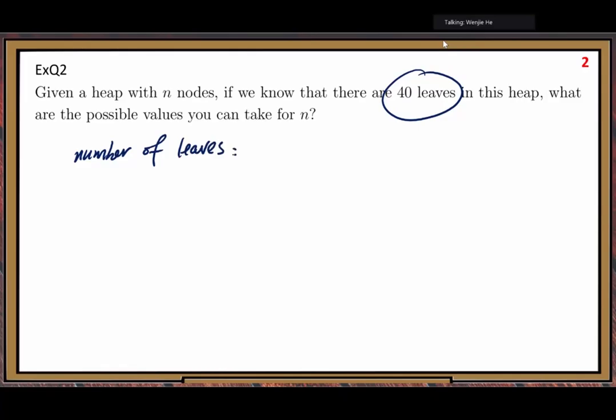Remember we have two expressions. One, n minus floor of n over 2. Another, just the one term, the ceiling of n over 2.